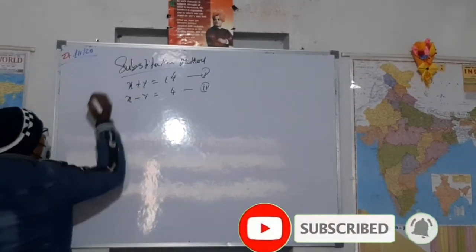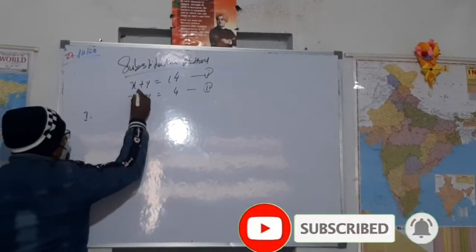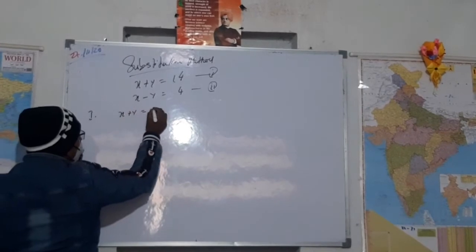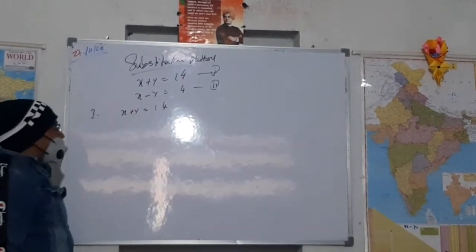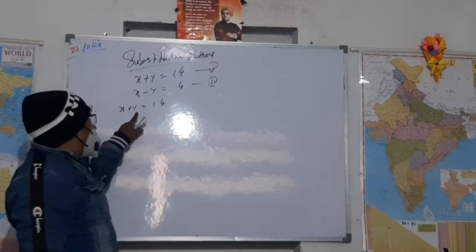First of all, in equation 1, x plus y is equal to 14, we change to find the y value.